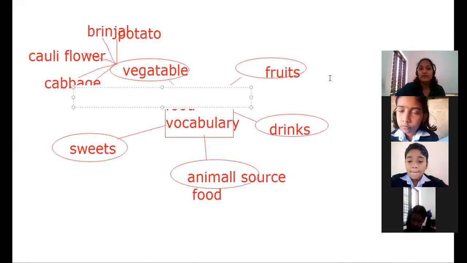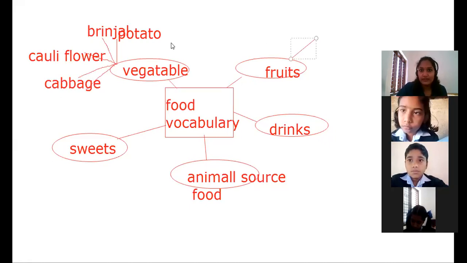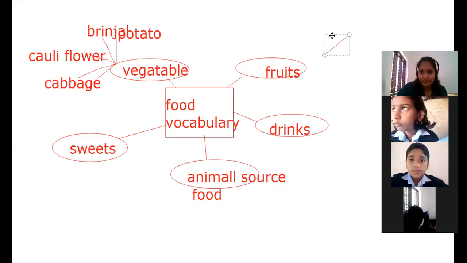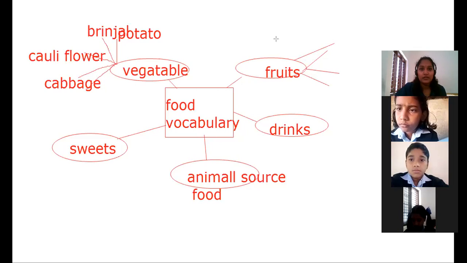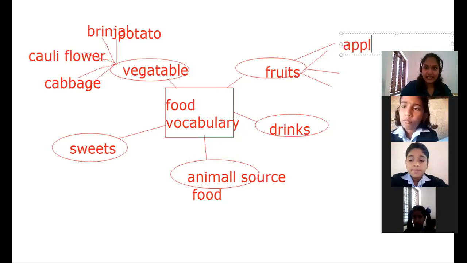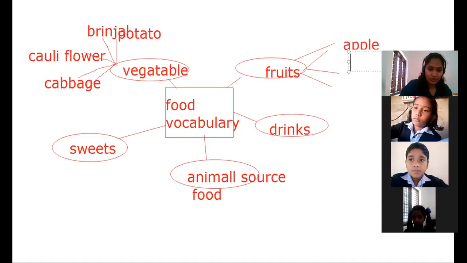Okay, fruits. When we made a list of fruits, we got different items like apple, orange, then what? Grapes, mango, cherry, plum, a lot of items like that, right? We can again classify this. Apple, orange.